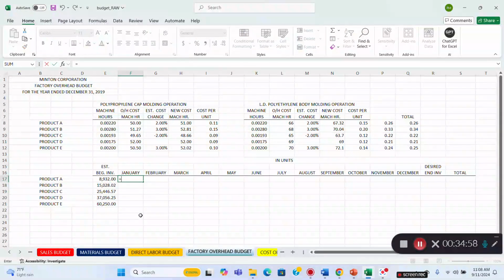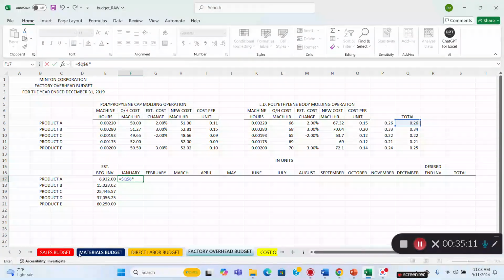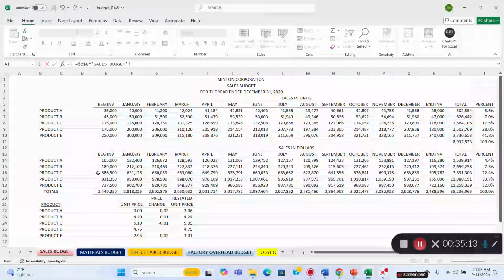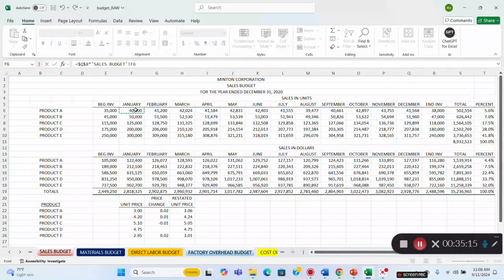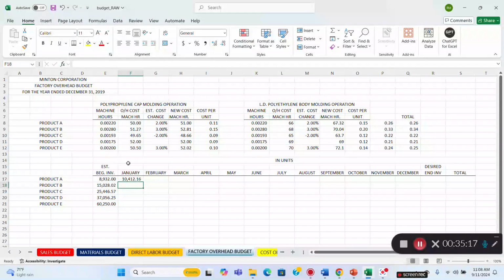Now we can go back and say that we're going to make this number here the absolute reference with an F4, times, go back to the sales budget, pick up this number. And we'll have to do that for each one of these, of course, because this number here changes.